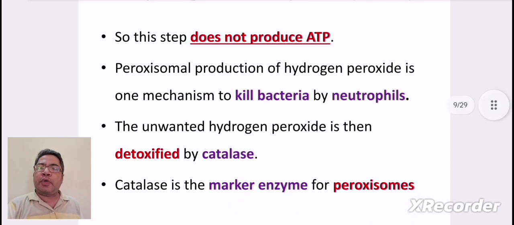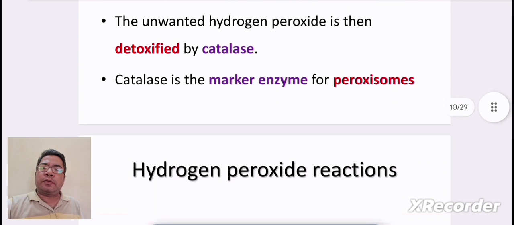So this step does not produce ATP. Peroxisomal production of hydrogen peroxide is one mechanism to kill bacteria by neutrophils. The unwanted hydrogen peroxide is then detoxified by catalase. Catalase is a marker enzyme for peroxisomes.